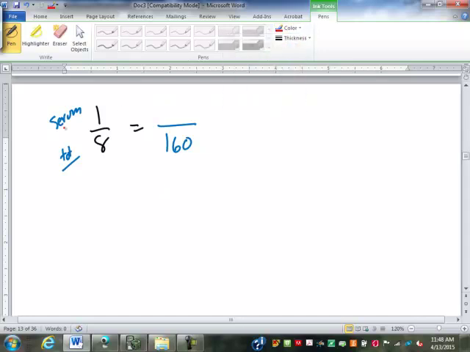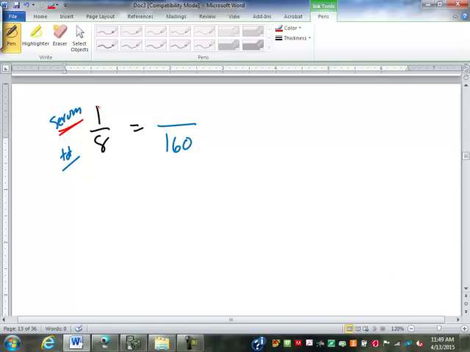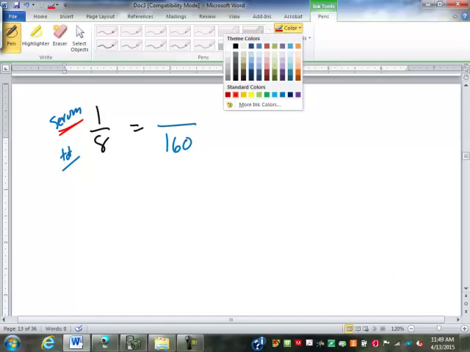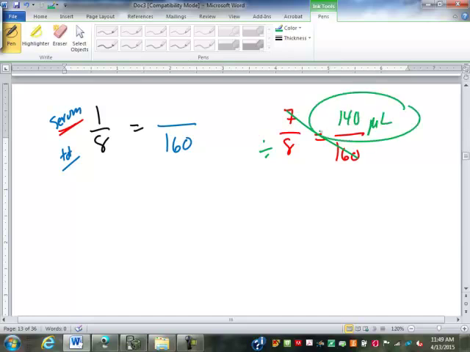Well, we're looking for saline, not serum. So we don't need the 1 to 8 ratio of serum to total. What we need is the saline to total. Again, 1 out of 8 parts is serum, so 7 out of 8 parts is saline. Cross multiply and divide. 7 times 160 divided by 8 is 140 microliters of saline needed.